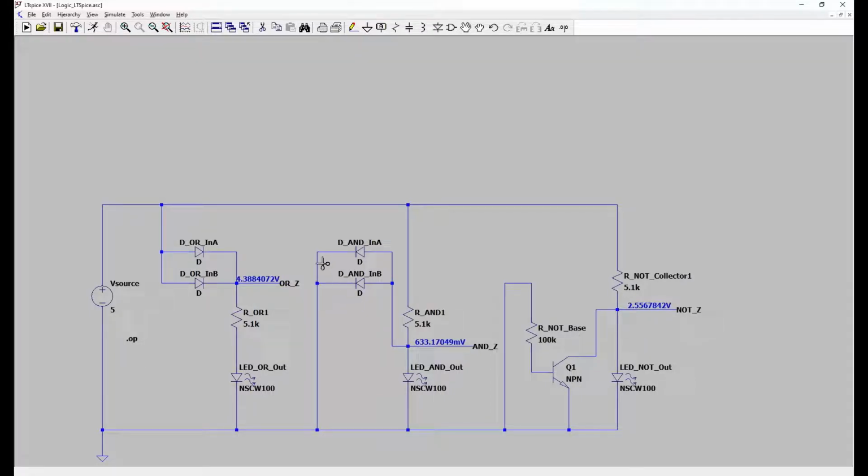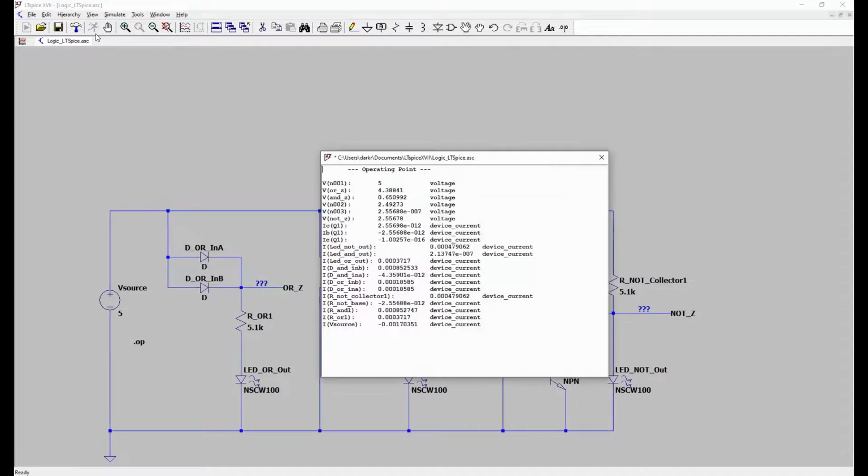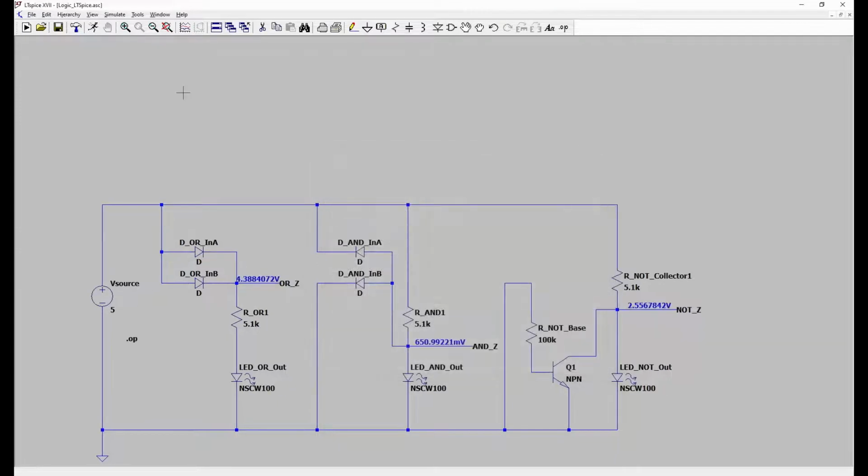If we put one of these high, same result, 0.6 volts, and we're still low. High and high should give us a high.